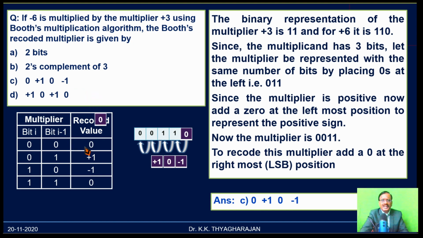These two are combined and you get 0. So the answer is 0 plus 1, 0 minus 1. So here C, 0 plus 1, 0 minus 1. The D is different. So the correct answer is C. That is the correct answer.